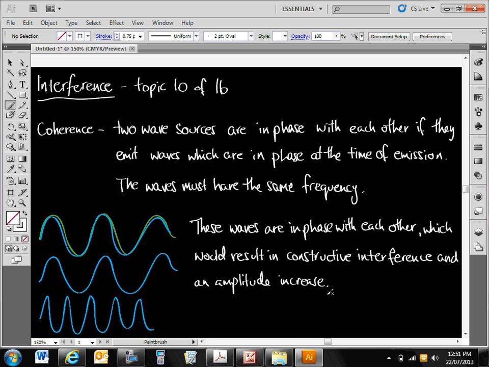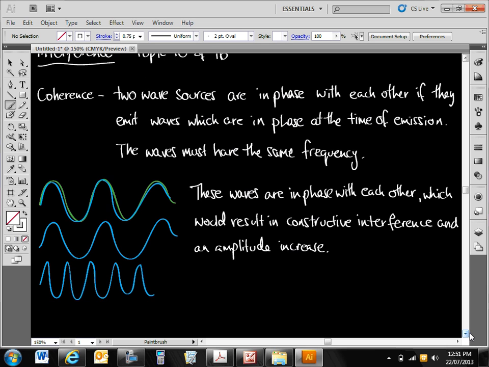You will all remember these terms: interference, constructive interference, amplitude, from last year, I hope.